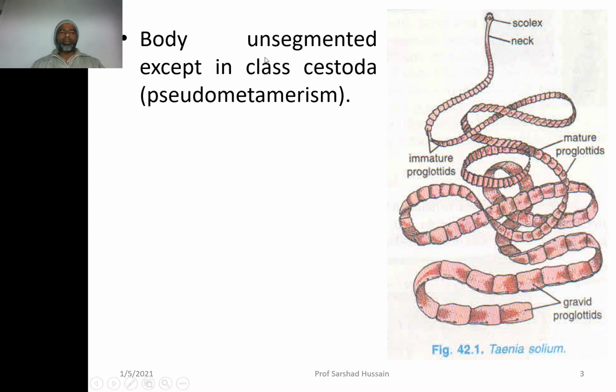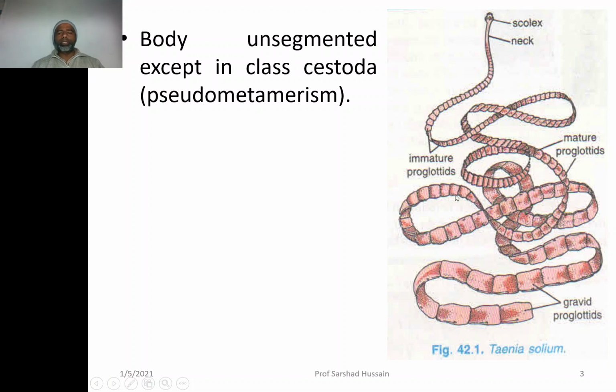Body is unsegmented except in class Cestoda. So, Taenia solium belongs to the class Cestoda. They have segmented bodies, but in the rest of the Platyhelminthes they don't have segments. What are the segments? You can see this is one segment, this is another segment, this is another. But this segmentation is pseudo-metamerism.